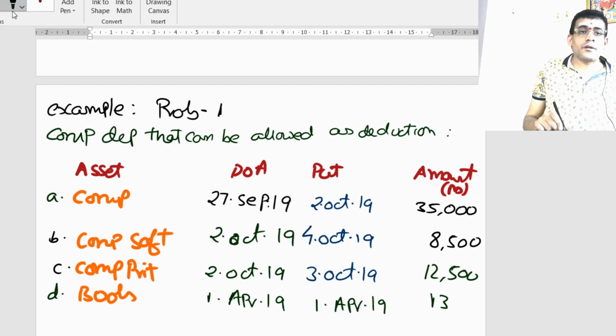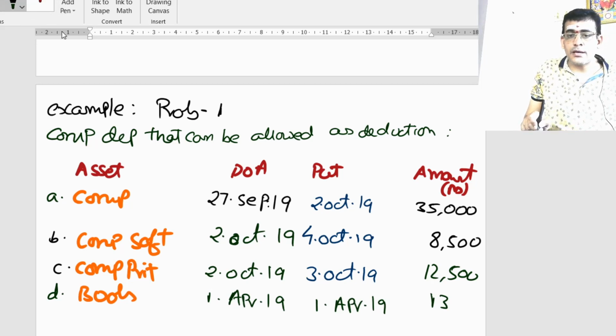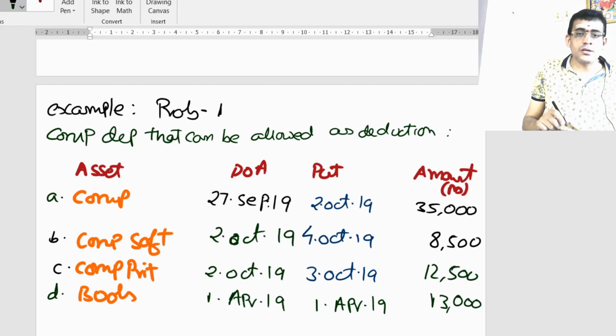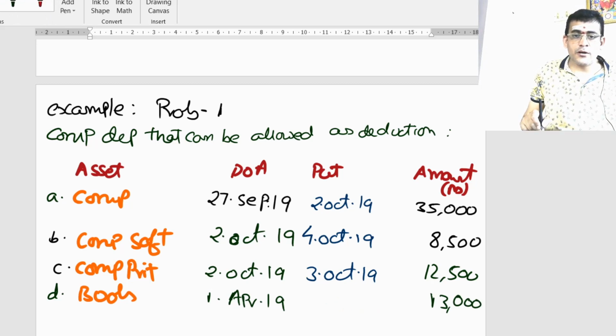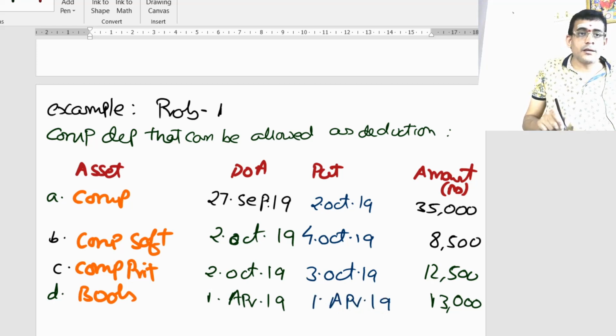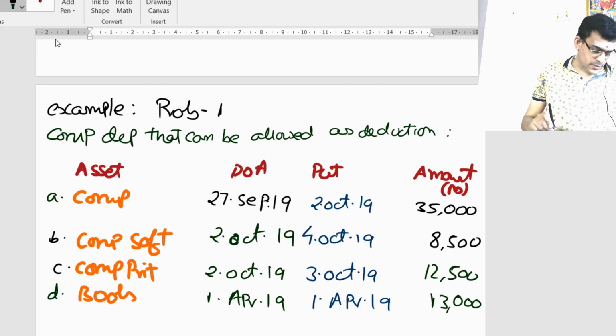So the cost of the asset is 13,000. Date of acquisition and date put to use both remain the same, 1st April 2019. Then let us move on to the next asset. The next asset is office furniture.